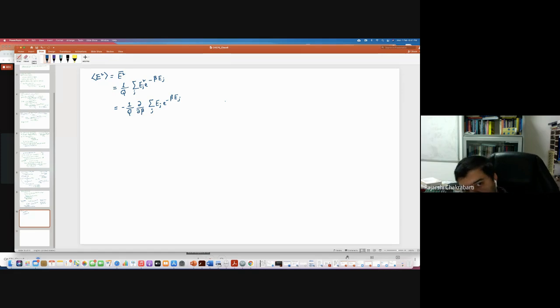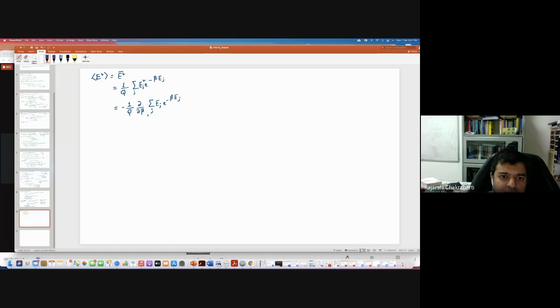I can, because if I take the del beta of this, Ej will come down with a minus sign. This minus will become plus. It will become Ej square, sum over J, and 1 by Q is there. So this will go back to this. This is just a small trick I did. Is this clear? What I did? If it is not clear, tell me.